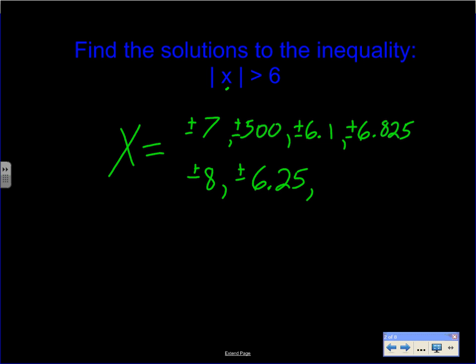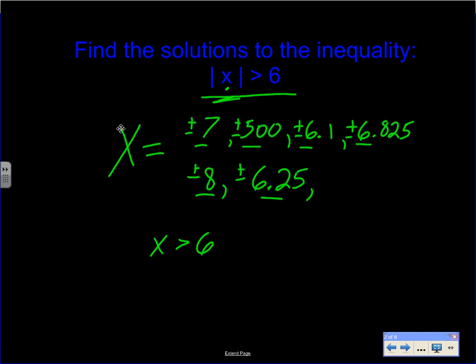And with the inequality, we're going to say the absolute value of x is greater than 6. Let's go ahead and solve this. If the absolute value of x is greater than 6, our answer is going to be x has to be greater than 6, because that's all the positive numbers that we just discussed. All those positive numbers are going to be greater than 6.